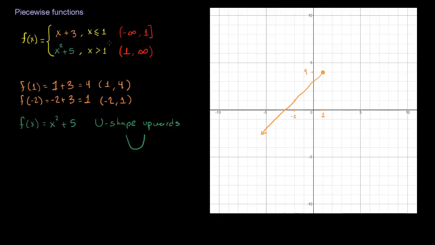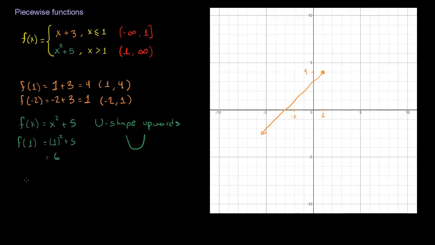I'm going to start by giving the value of 1 to this part of f of x. f of 1 would be 1 squared plus 5, so f of 1 is equal to 6.